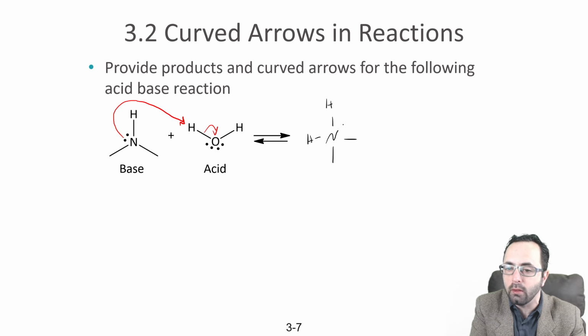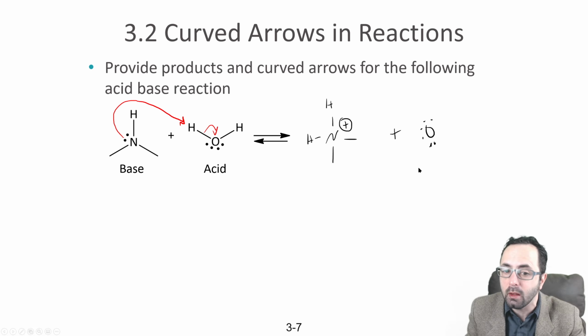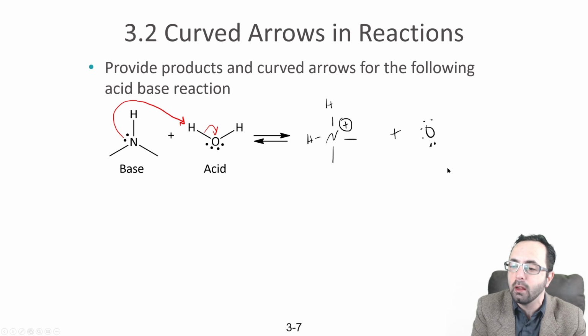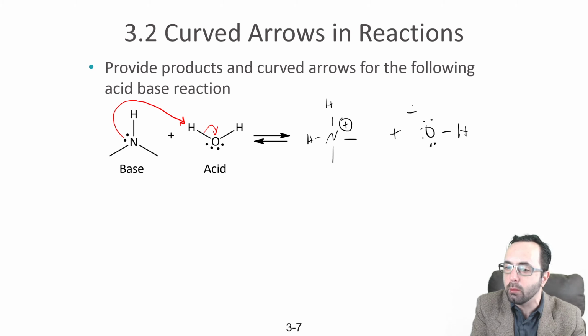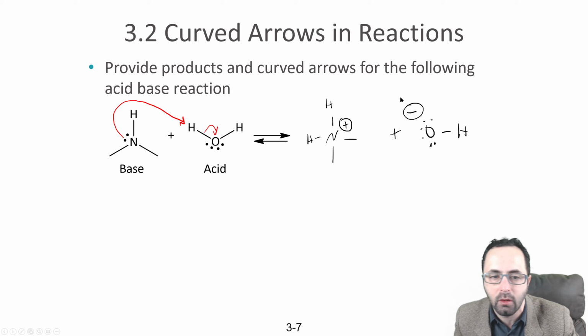It has 4 bonds and no lone pairs. It has a positive formal charge. And the oxygen now has 3 lone pairs because this bond was left behind here as a lone pair. And the hydrogen atom here, this has an oxygen with 3 lone pairs and 1 bond. It has a negative formal charge.